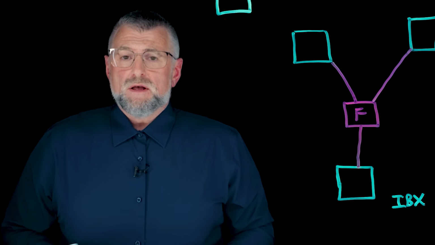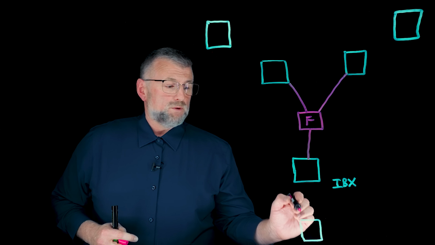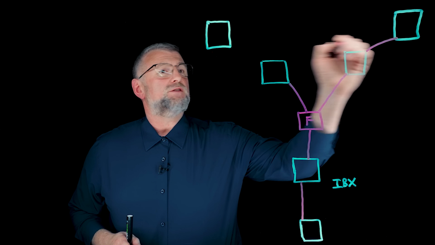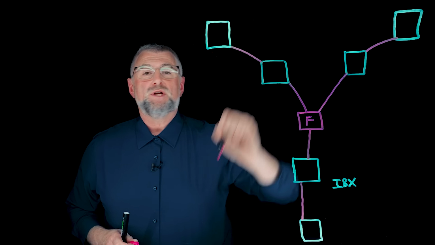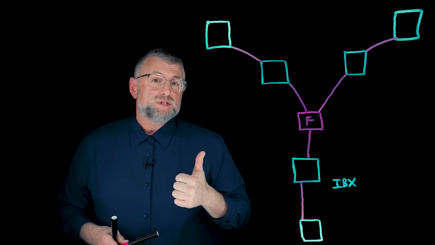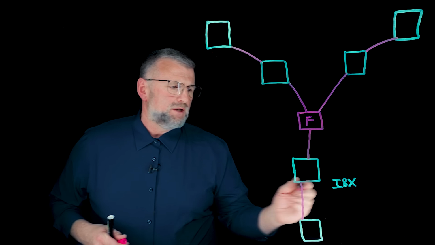Now, the next form of connectivity that I need to get is from the remote location to the IBX. And in many cases, this is where customers would actually leverage technologies like carrier Ethernet to replace MPLS and provide a very similar performance at a lower cost, and that would be the carrier Ethernet solution.